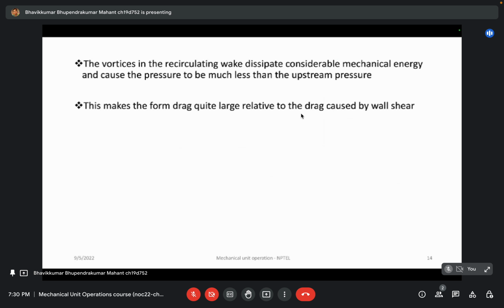Okay, so if some vortex is generated, then it dissipates the mechanical energy and causes the pressure to be much less than the upstream pressure. So here we consider that it is a low pressure zone, and a wake formation will be generated. This makes the form drag quite large relative to the drag caused by the wall shear. So that's why form drag has a value more than the wall shear drag.